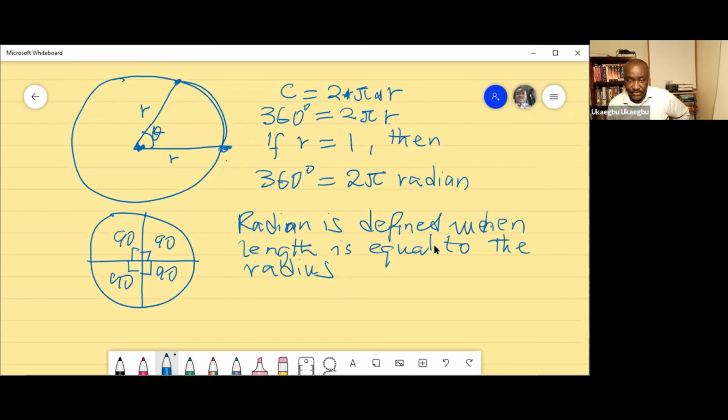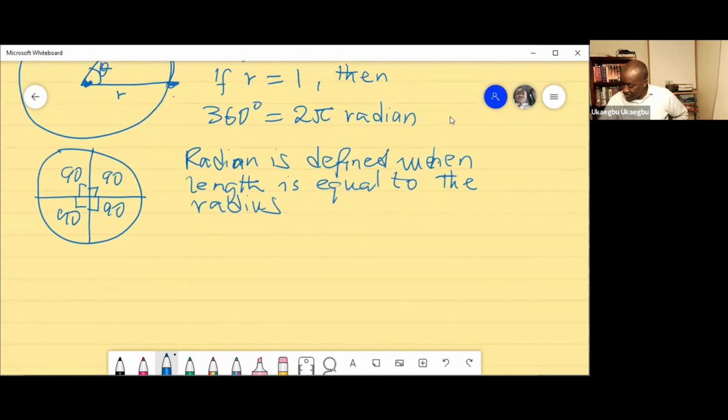Okay, so now let's do a little more analysis. So we have established that this particular degree. Now, if you look at the left and the right side, you will see that the left side could be written as 180 degree multiplied by 2, and that's also equal to 2 multiplied by pi radian.